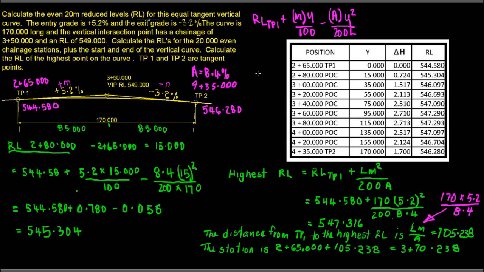Then it's just a matter of working out every 20 meters thereafter, using the same formula. Rather than go through each one, I set up my answers in a spreadsheet, which was pretty easy.